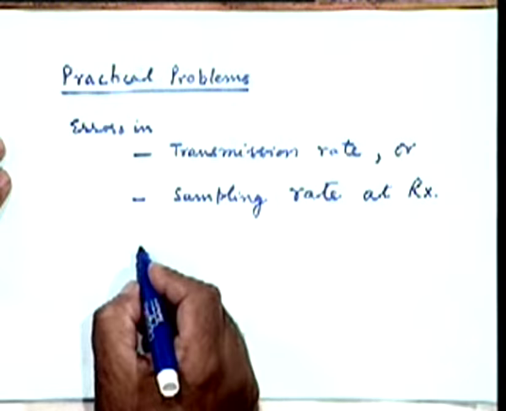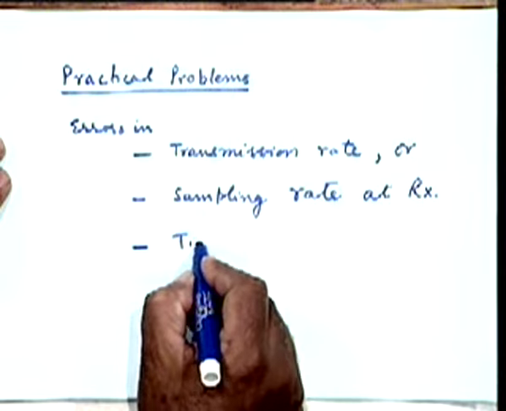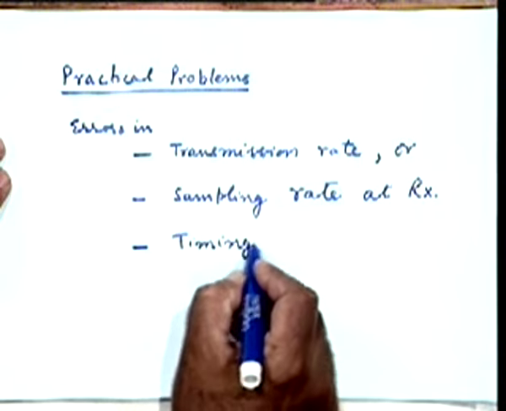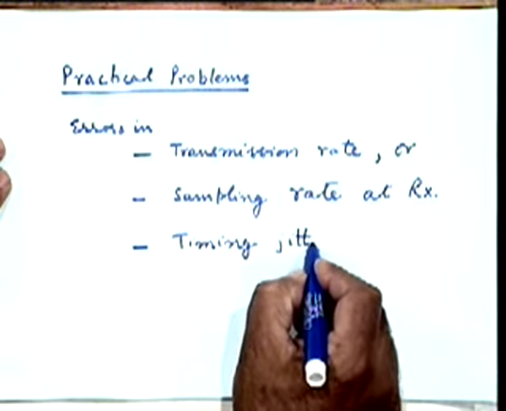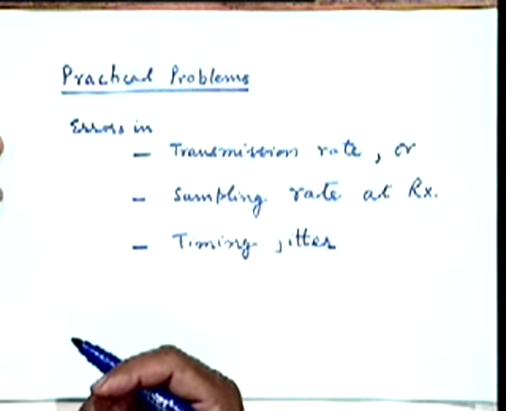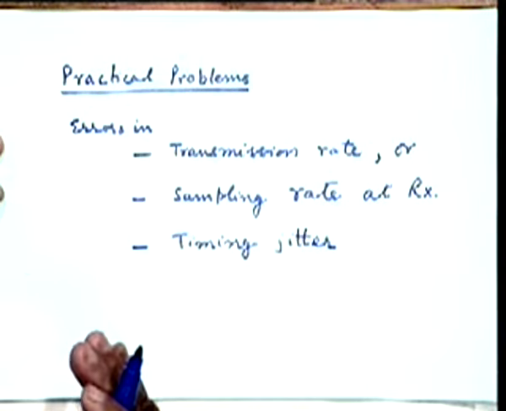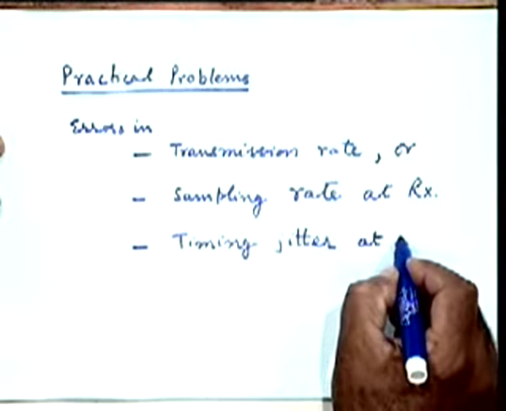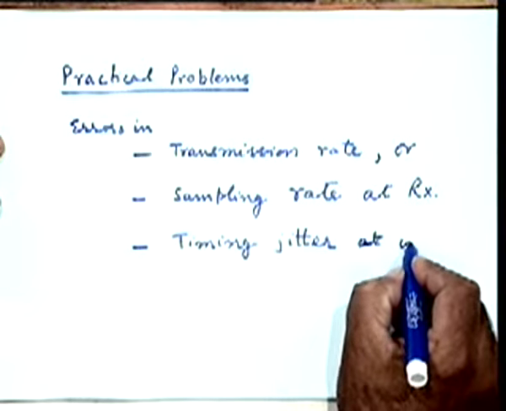Right? Or there may be a timing jitter, a small timing jitter. That is, your recovered clock at the receiver does not have fixed timing interval from one to the next, but there is a small jitter in it at the sampling instance.